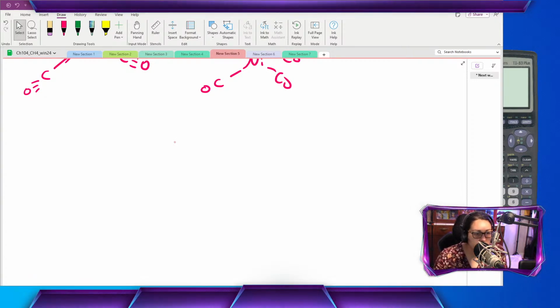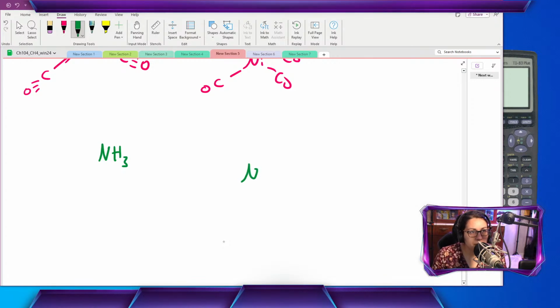All right, so let's look at some other molecules and see if they are polar or nonpolar. So try NH3 for a second. And so you may remember ammonia from Monday.